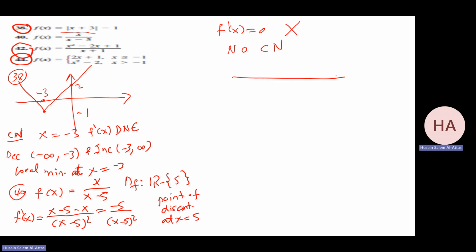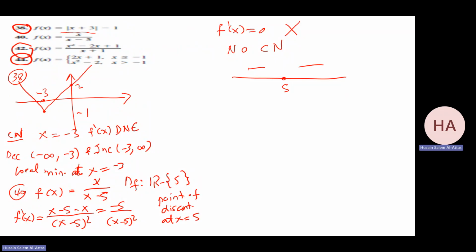So now I put the number line using 5, which is the point of discontinuity. Take a value less than 5. It will be negative. That will always be negative, negative.